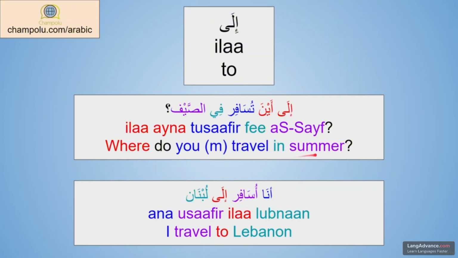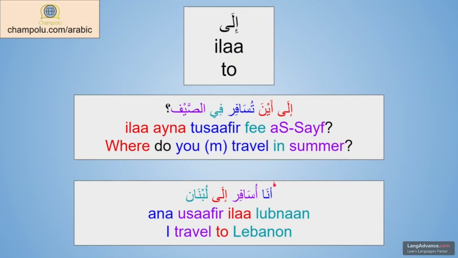So it becomes إلى أين تسافر في الصيف؟ So we have seen أين in the previous slide, and then we know that إلى means to, so إلى أين, it's to where. تسافر means to travel, and في is in, which is another word that we're going to discuss, and الصيف means in summer. So to where do you travel in summer?